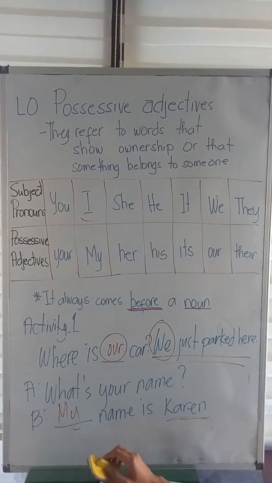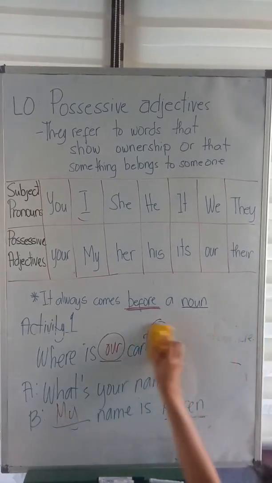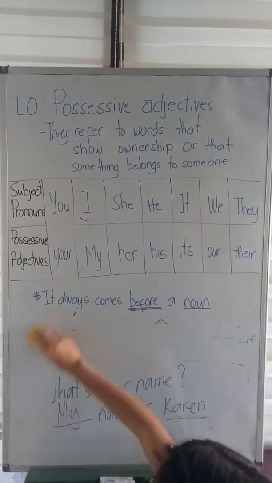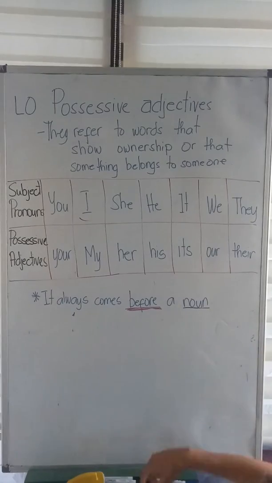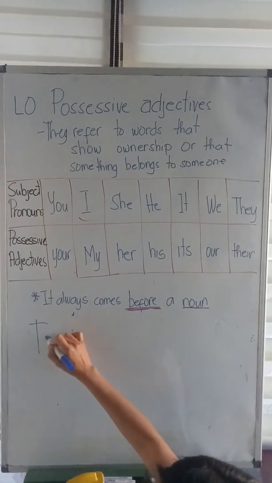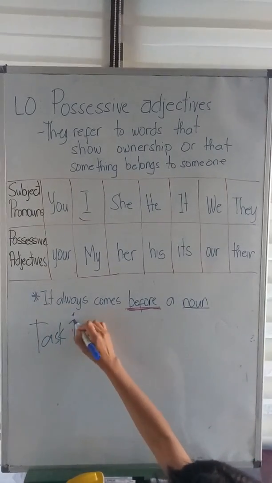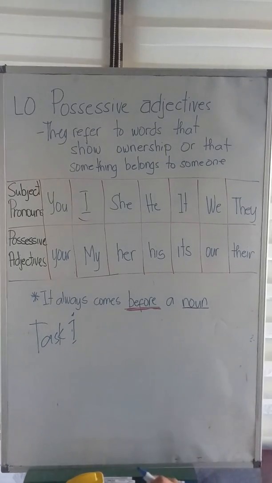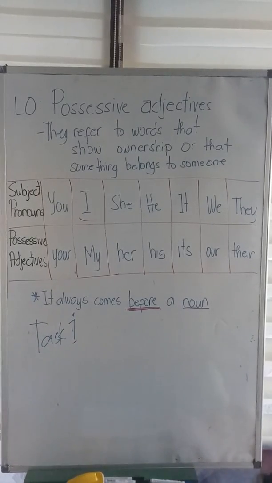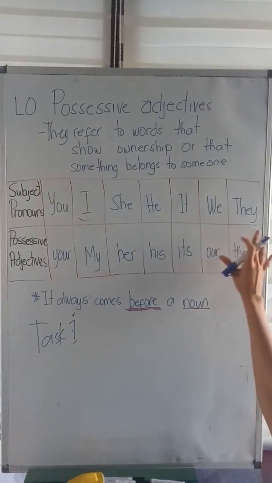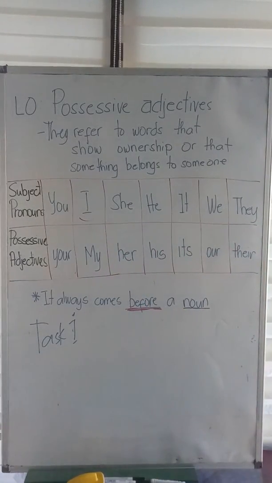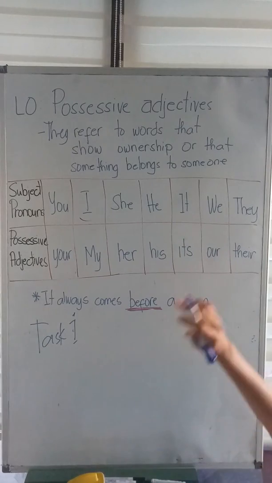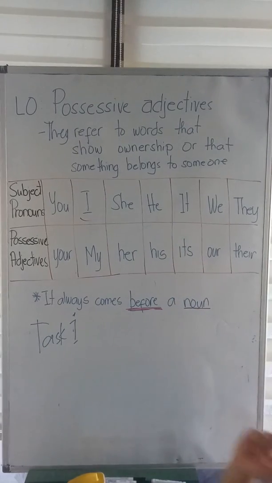For your second activity, there are 4 tasks. On task 1, it's just easy, the same as this table here. It will ask you the possessive adjective equivalent of the subject pronouns.